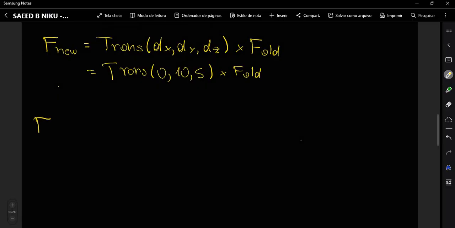Okay, the new one is equal to the transformation of translation.